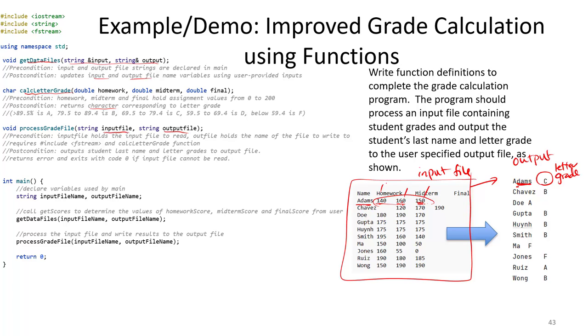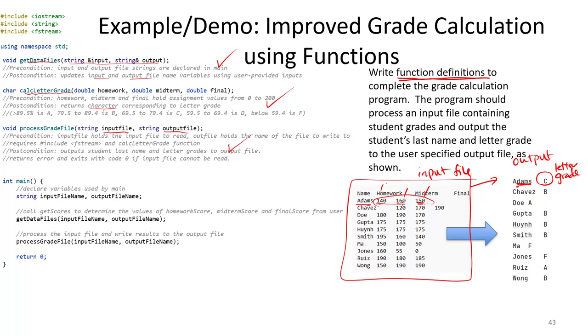So the idea is that instead of putting code in our main function, our task for this demo is to write the function definitions so that this main function will run. So we need to write a function definition for getDataFiles, calcLetterGrade, and processGradeFile.